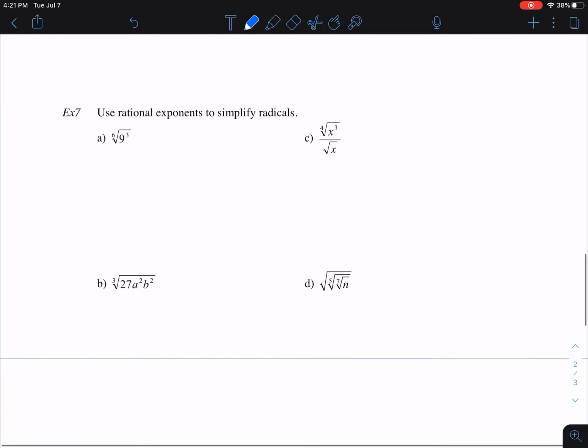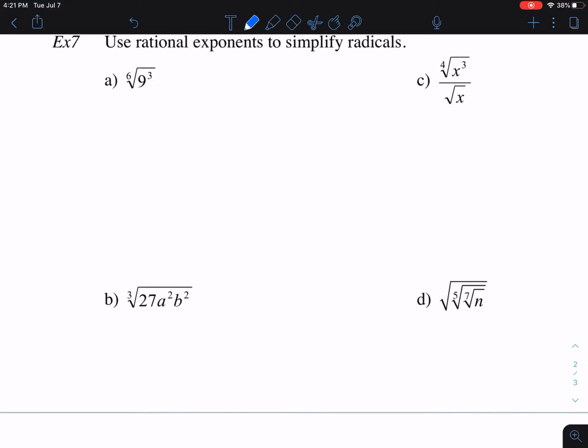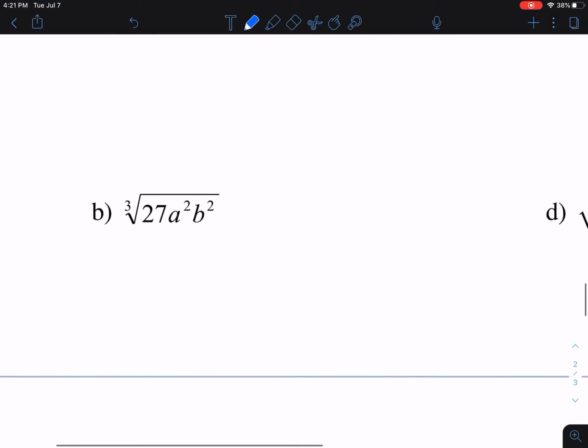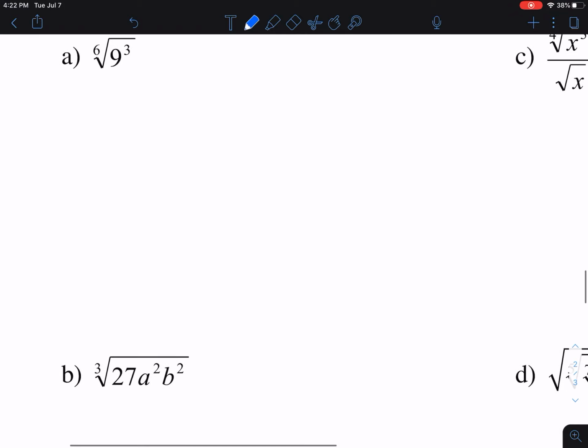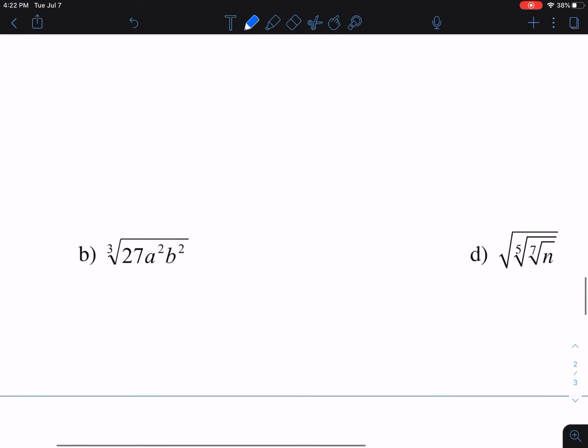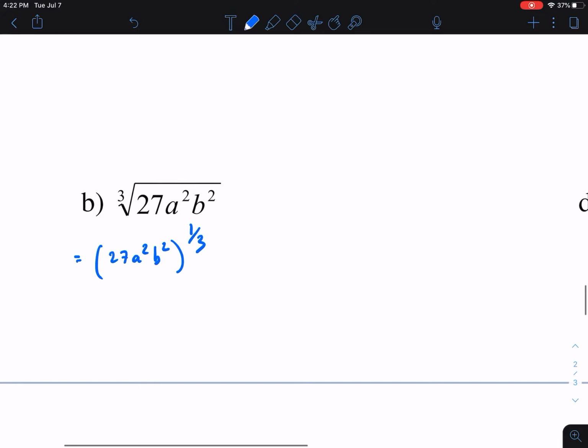There are some more examples over here as well. I do want to get to an example like this here. This one says use rational exponents to simplify the radical. So if we change this to rational exponent, this becomes 27a squared b squared to the 1/3 power.